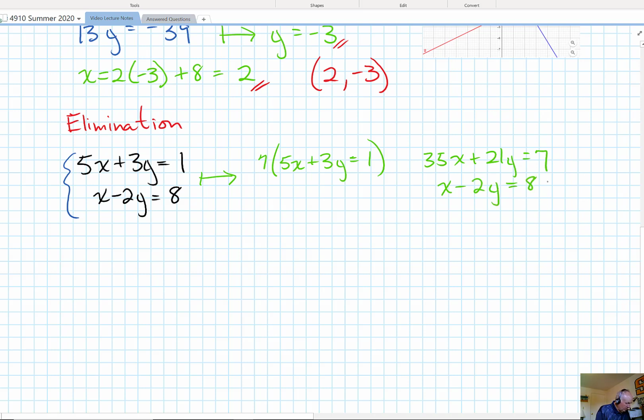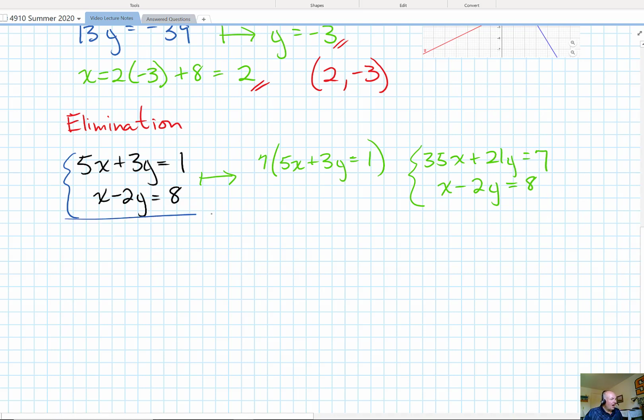Okay, so if you multiply one equation by something, you get a new system. The solutions are the same. Now that's true if I multiply both equations by something. So I could multiply the top one by 7 and the bottom one by 10. So that's the first thing that I'm allowed to do without changing the solutions. The other thing I'm allowed to do is add the equations.